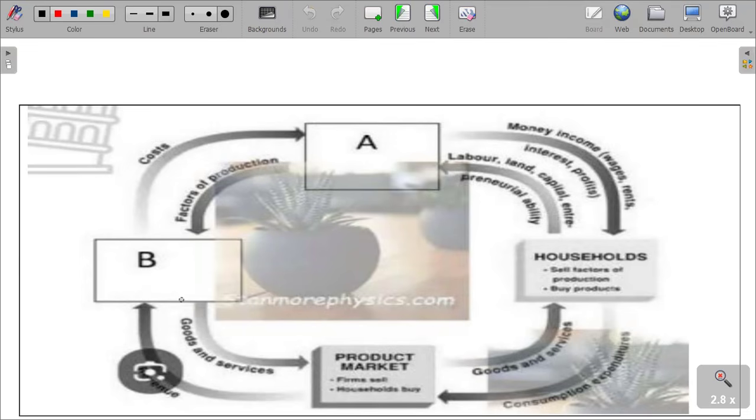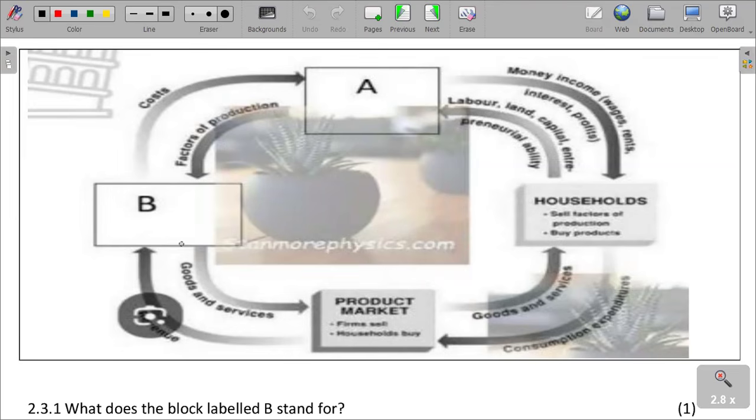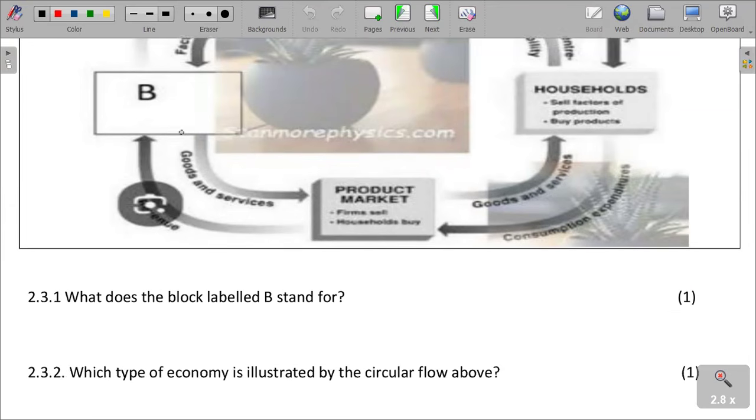We have factors of production brought to B: labor, capital, entrepreneur skills, and many others are listed. So households sell factors of production, and goods and services are also bought by households. So this is a circular flow model that is given here.